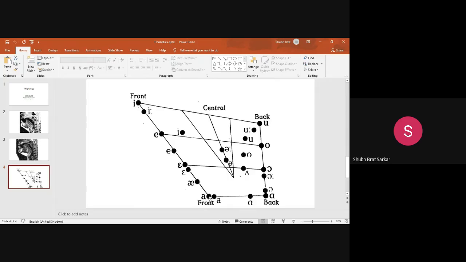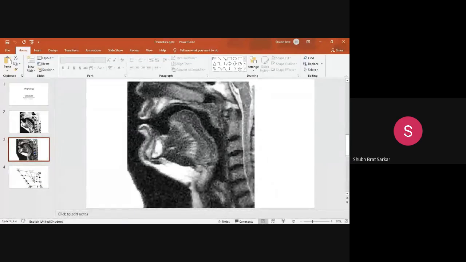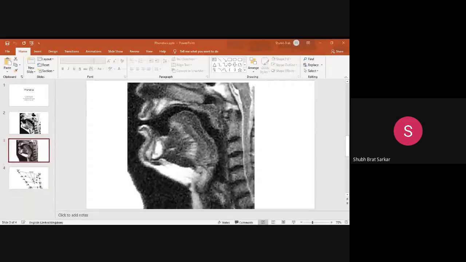So these 12 vowel sounds in English RP can be classified thus. Now I shall be showing you the list of the vowels so that you can have a fair idea about these vowels and how these vowels are produced.